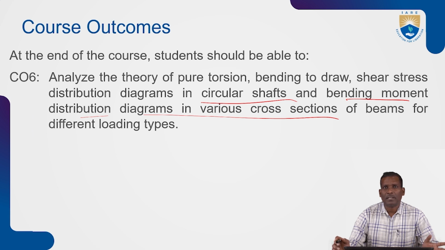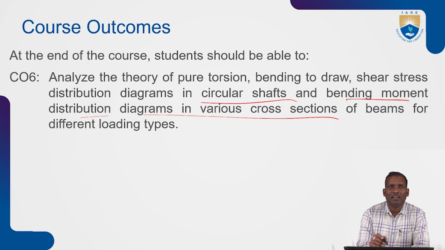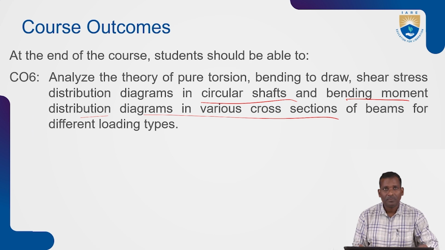Under different loading types, we will learn how the shear stress is distributed and how to draw the shear stress diagram, so that after completion of this topic the student can perform all these things. Before going to the topic, you should know about its outcome.